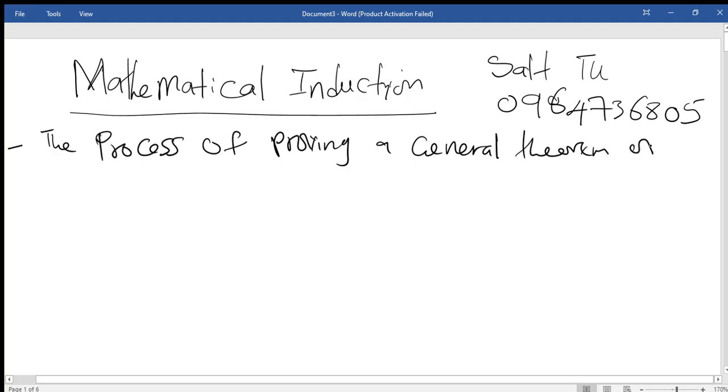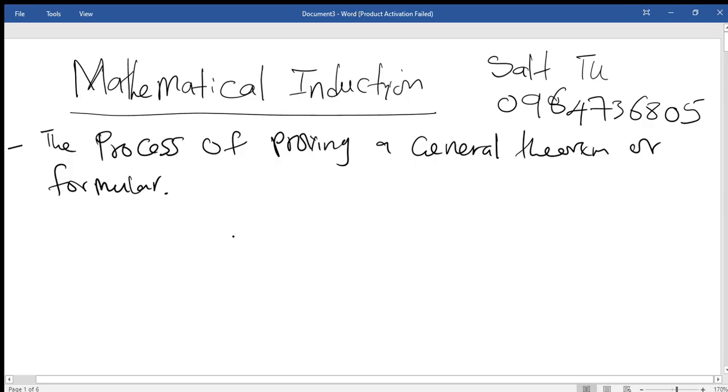This is what we said in the introduction class. Every time you've been given a theorem or a formula, you are being taught to prove it by mathematical induction. So this is what we are going to be talking about.